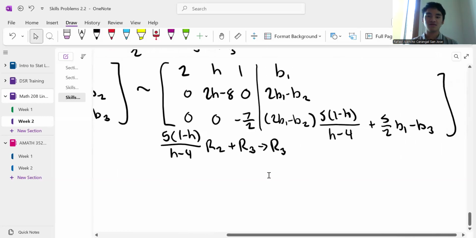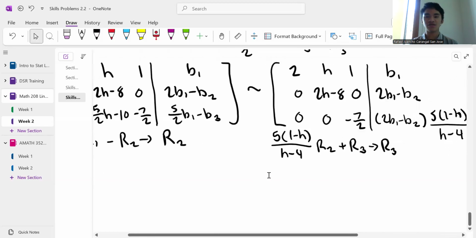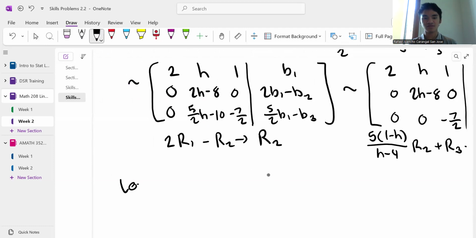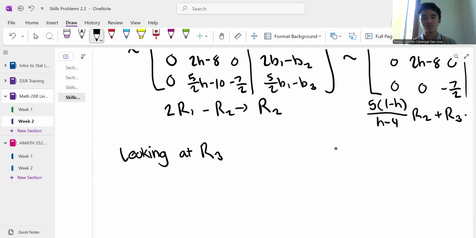And from there, what shouldn't h be? So here, looking at row 3, h should not be 4, since that would be undefined.